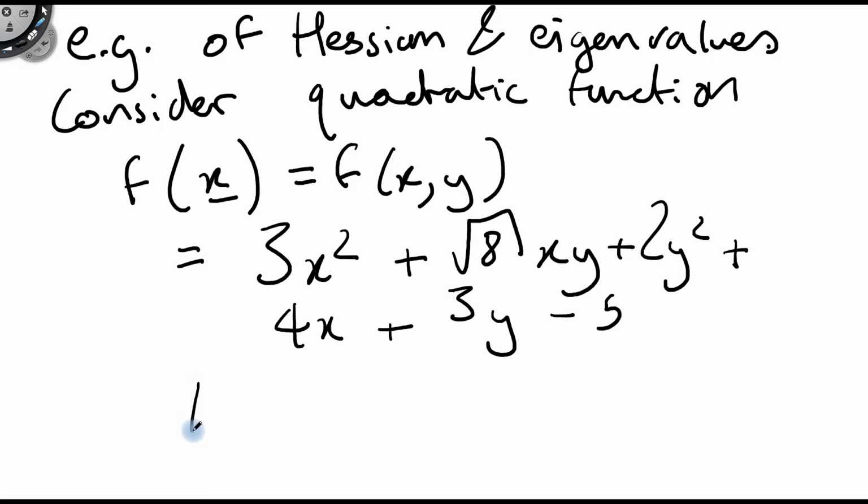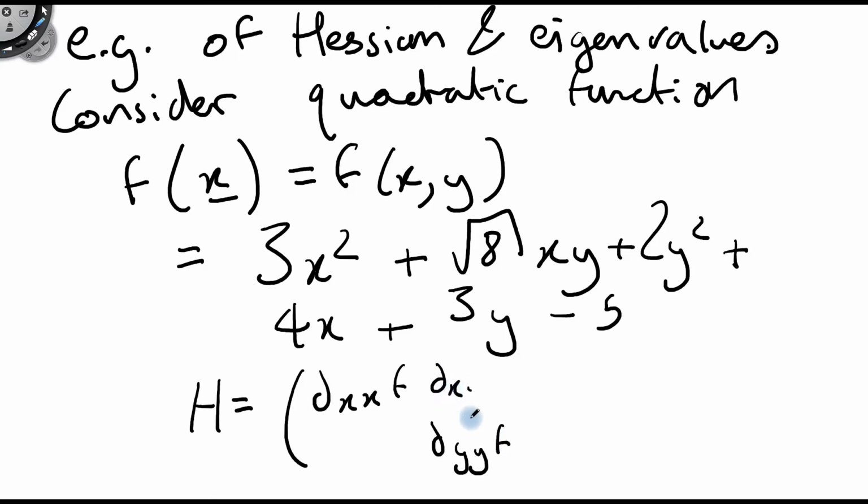Remember, I'm going to use shorthand here for the second derivative: second derivative with respect to x there, second derivative with respect to y there, and then the cross derivatives, which whenever the function is continuous and differentiable are going to be the same, but we put them in anyway for completeness.